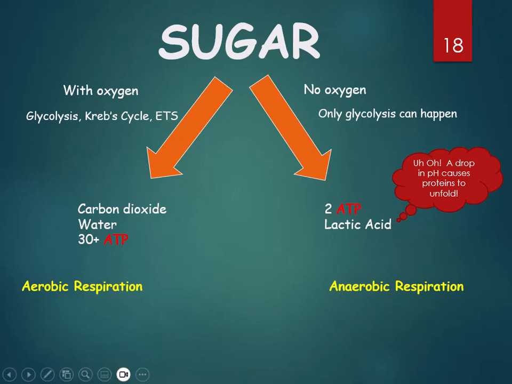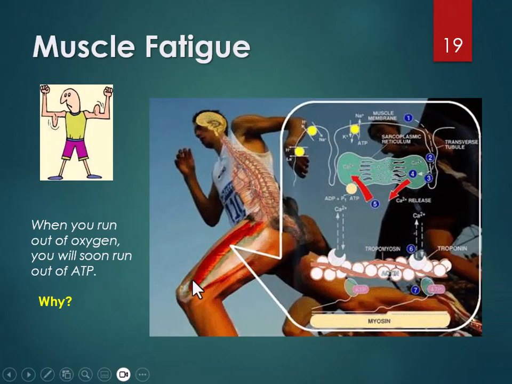When your muscles stop contracting because you've run out of oxygen, it's called muscle fatigue. Because as soon as you run out of oxygen, you're not going to be able to make any more ATP and the muscles just aren't going to contract. Sometimes marathon runners will collapse because they have so much lactic acid that none of their muscles will keep working.